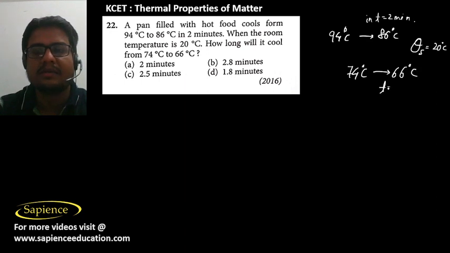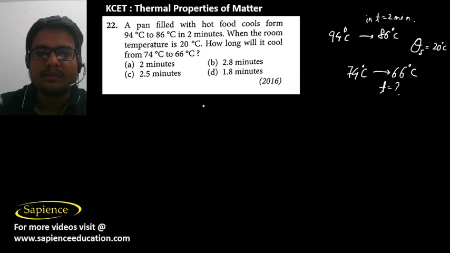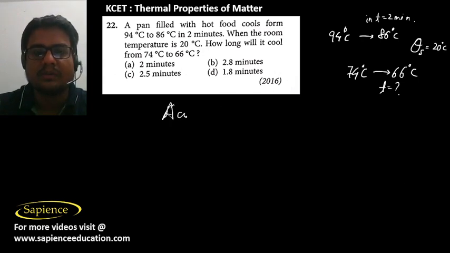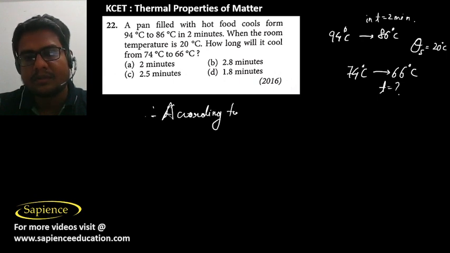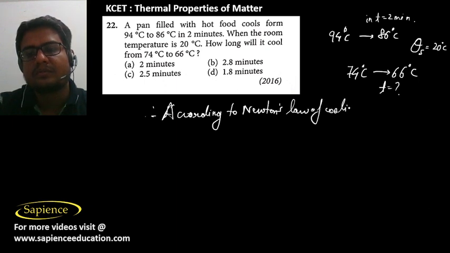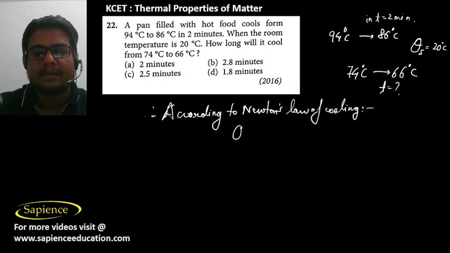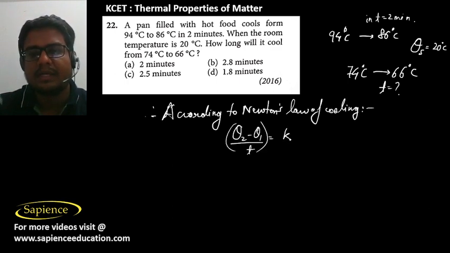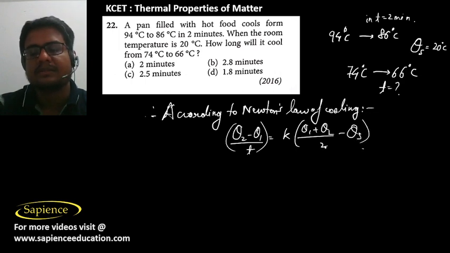So that time interval is being asked. Now according to Newton's law of cooling, we can say that (theta 2 minus theta 1) by t is equal to k into ((theta 1 plus theta 2) by 2 minus theta s).